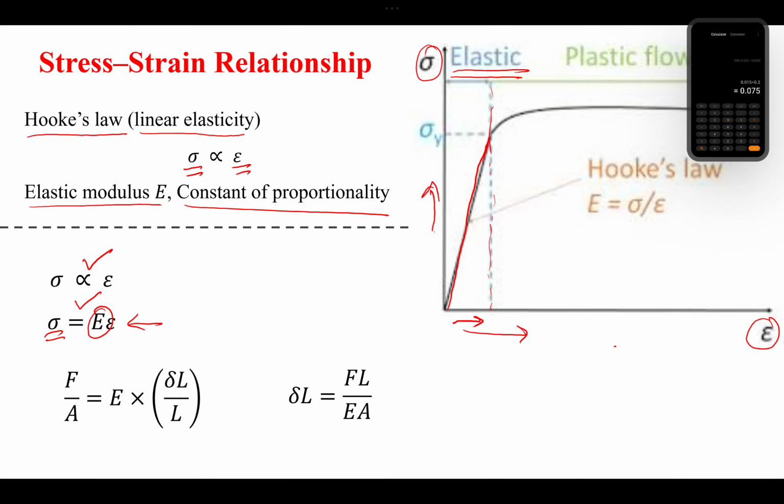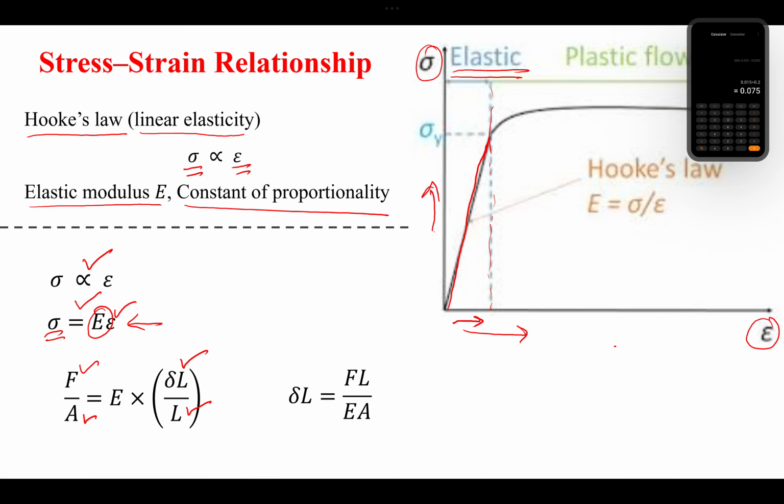Now we know the stress is force per unit area, and we also know the strain that we just discussed is the change in length divided by the original length. Once we insert the values there, what we get as a result is a general relationship.